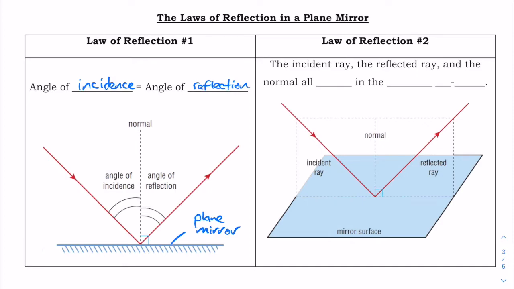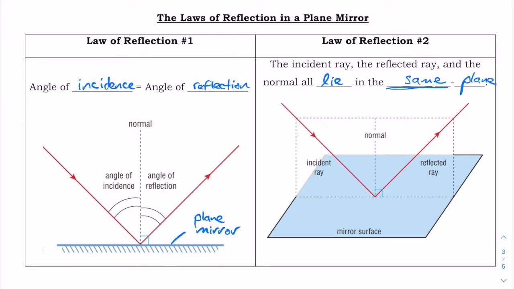The second thing we can take away from this is that the incident ray, the reflected ray, and the normal all lie in the same plane. So what do we mean by that?